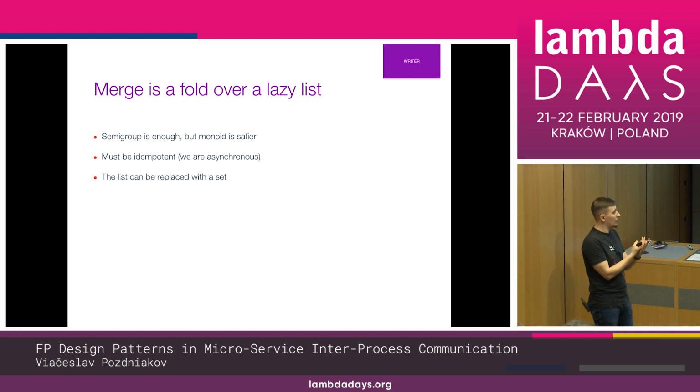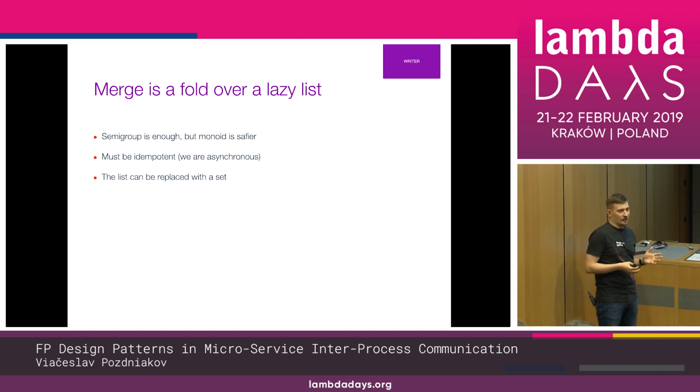So it's enough to have a semigroup for merge to be completed. But actually, a monoid is a much safer operation for that. And since we are living in a concurrent world, this semigroup operation must be idempotent. It's obvious. And actually, we don't even need a list. We can relax it to a set.